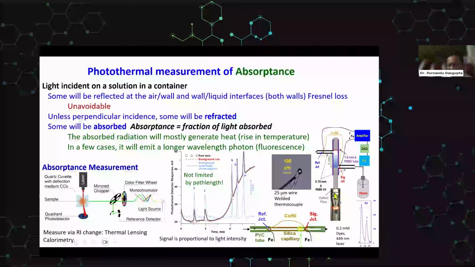Light is actually coming out this way. I have a white flashlight, a Walmart flashlight, and I have another little thermocouple here, and I'm going to measure the difference in temperature between the inlet and the exit. That's my entire detector.